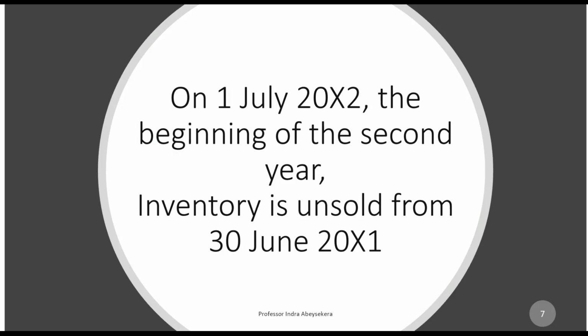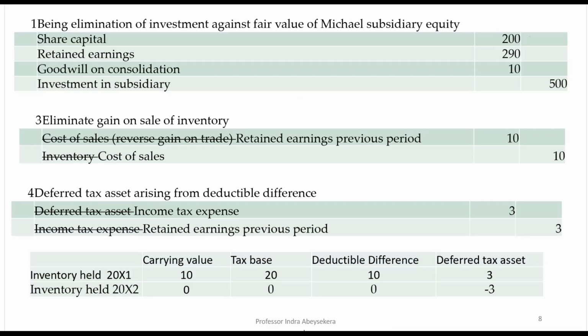Because the inventory was unsold on 1st of July 20X1, the beginning of the second year, the entries that need to be done are the first entry as at the date of acquisition, that's the elimination of investment entry.